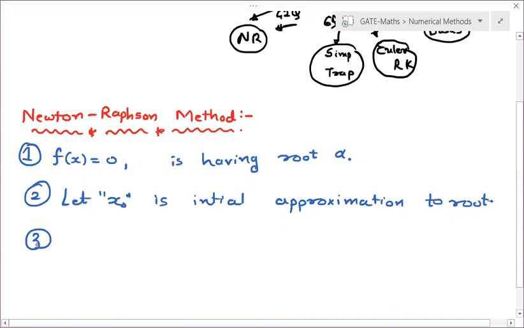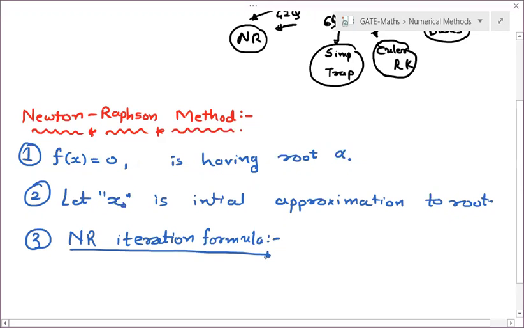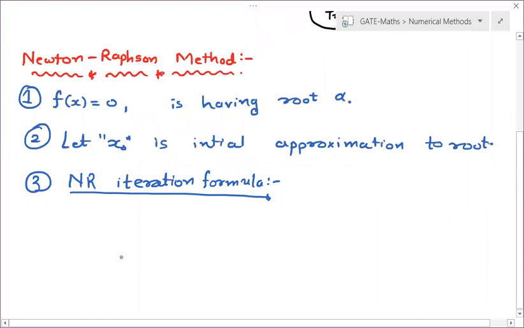Okay. Now, if this is the initial approximation x0, then we are going to use the Newton-Raphson iteration formula. What is iteration? Iteration means you are going to apply it again and again until you get a good answer. So now the Newton-Raphson or NR iteration formula is xn plus 1 is equal to xn minus f of xn divided by f dash xn.